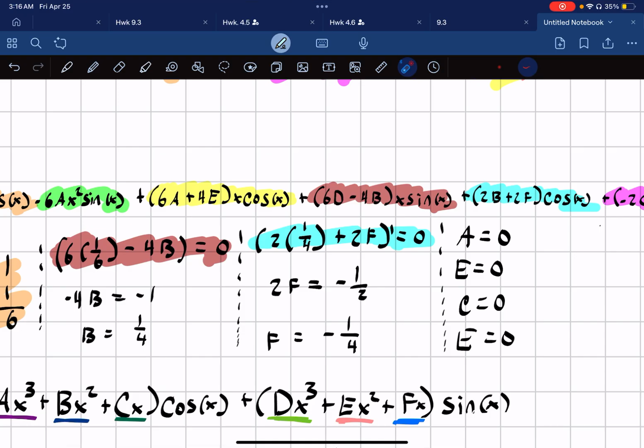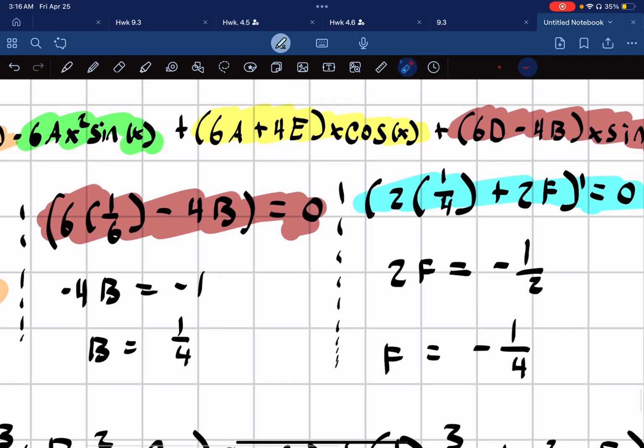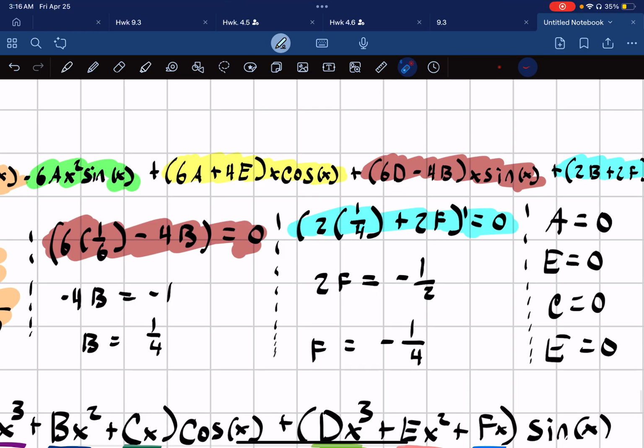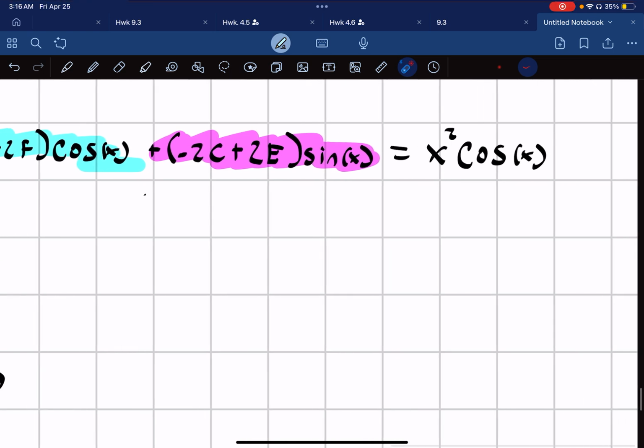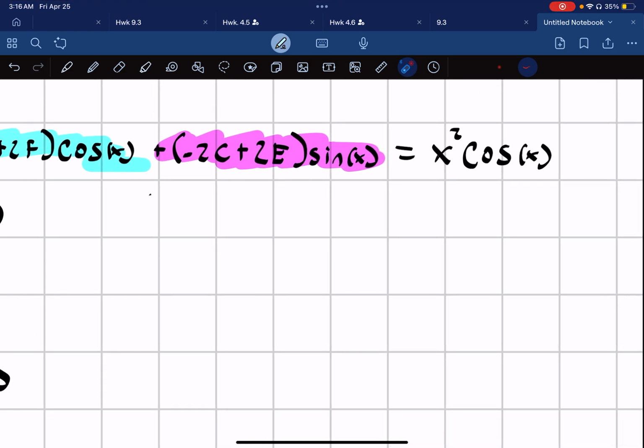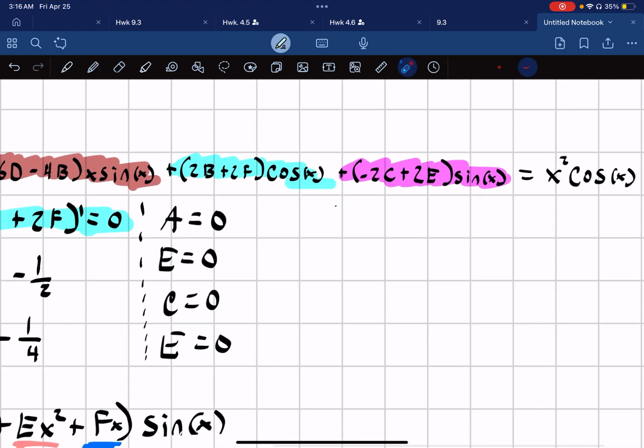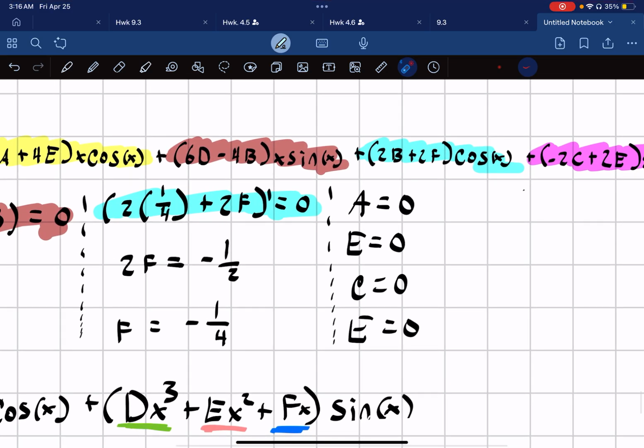So we plug it back in. We have negative 4b equals negative 1, so b equals negative 1/4. And what has b as well? Ding, ding, ding, this has b. So we plug in b into this equation. And again, this equals 0 because we have nothing on the right-hand side that has a coefficient of cosine x. So we have f equals negative 1/4.